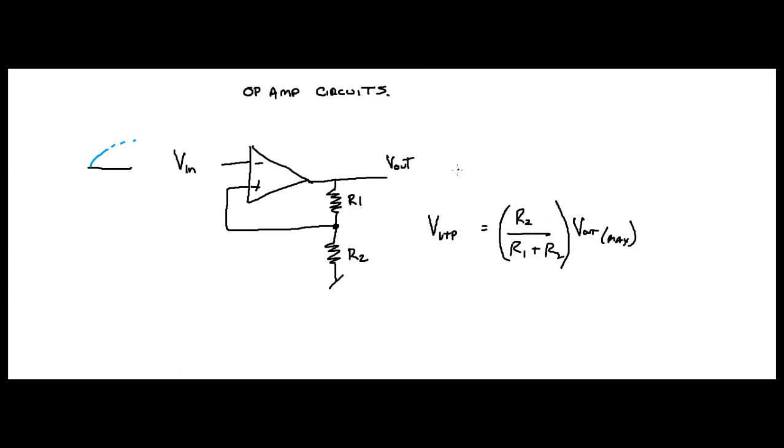Let's draw the line. Your output voltage is going to change, isn't it? It's going to drop. Got it? So why does it drop? It's because your non-inverting input has a higher voltage than your inverting input.